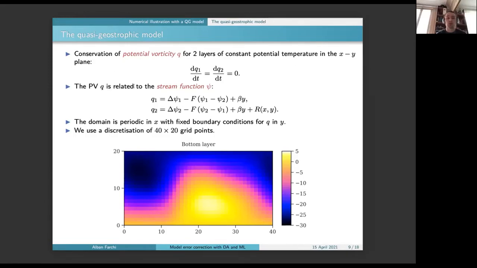The potential vorticity is related to the stream function using these 2 equations, one for each layer. We take a periodic domain in the x direction, and we take fixed boundary conditions in the y direction. And we use 40 times 20 grid points for the discretization. And what you see here at the bottom of the slide is a typical snapshot of the stream function, but only for the bottom layer.